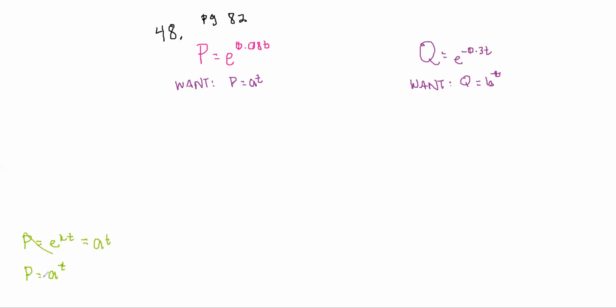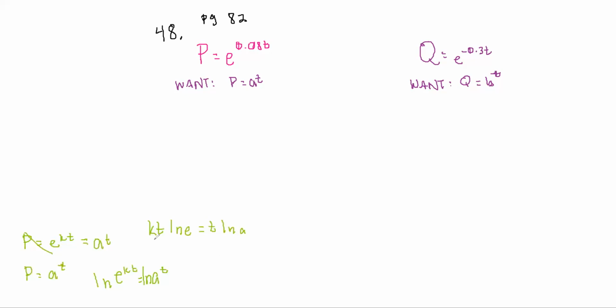We can just forget about the p. So we have e to the kt is equal to a to the t. If we wanted to solve it out, we would take the natural log of both sides. So we would end up with kt natural log e is equal to t natural log a.